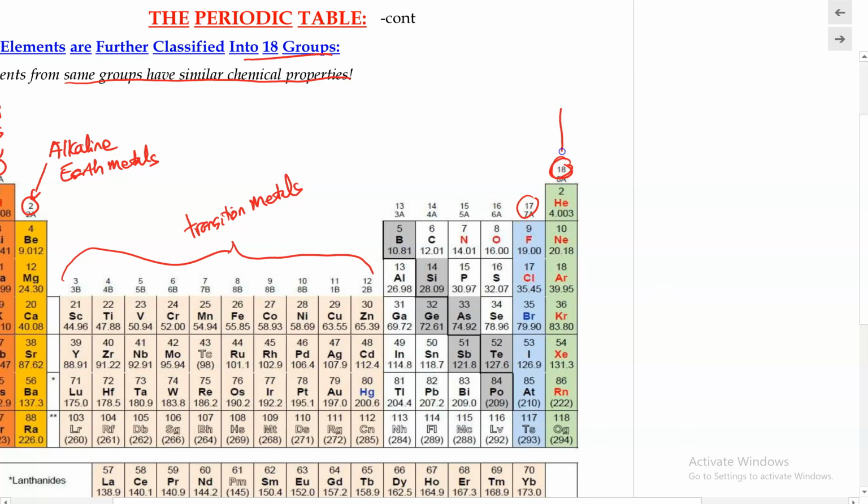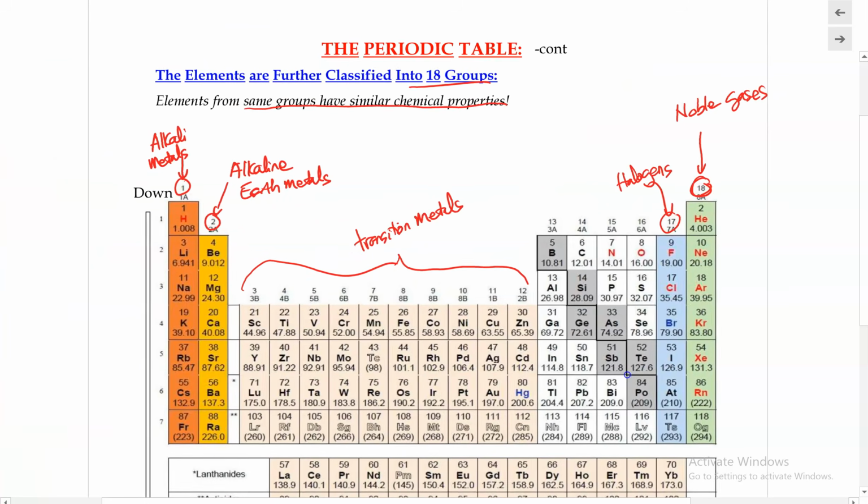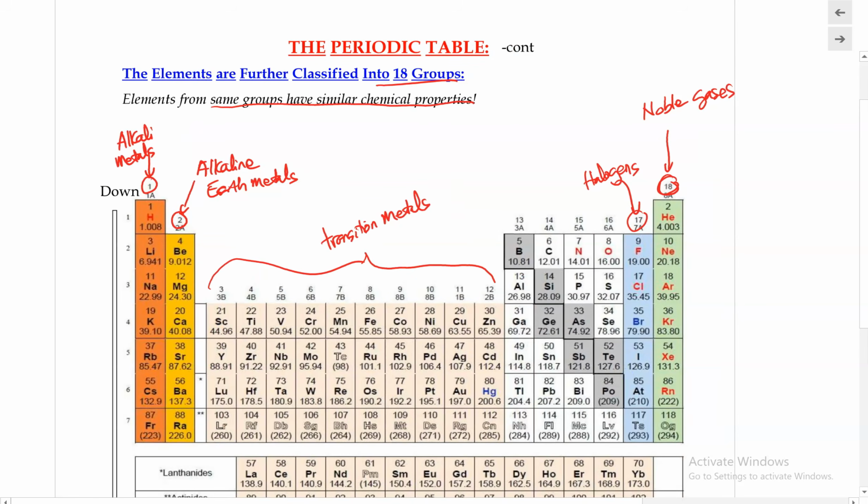Group 18 elements are called the noble gases. And the group 17 elements are called the halogens. So those are some of the special names of some of the interesting groups.